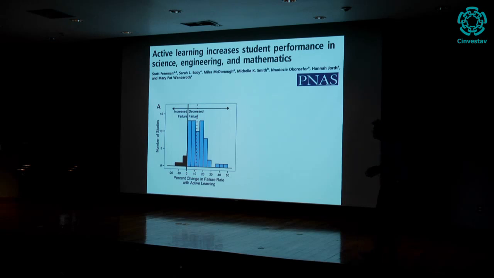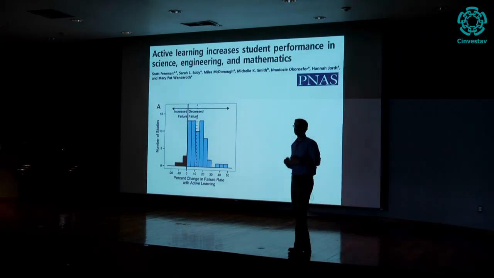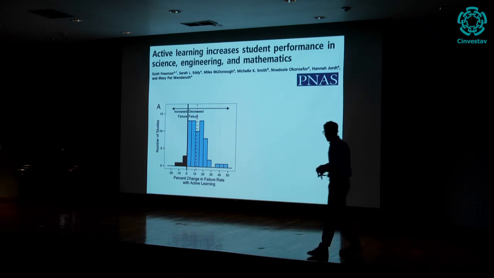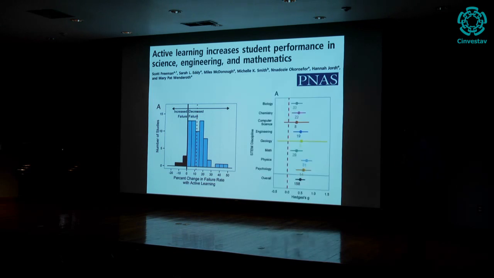on active learning. They found that when active learning was used in a classroom, the failure rate actually decreased. So if you use active learning in a classroom, the proportion of students who failed that course went down. And that's what should be a goal, I would think, of us as instructors, to not have as many students fail. They also looked at this, and this was everything lumped together.